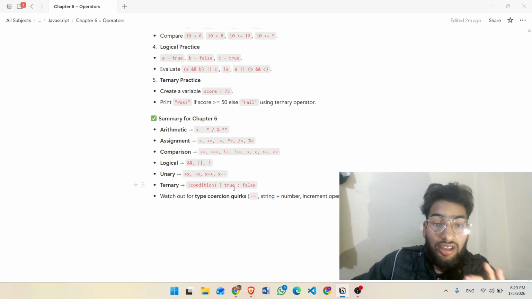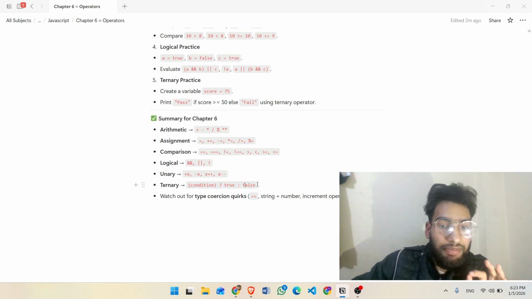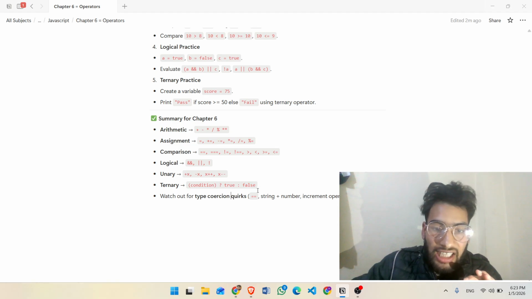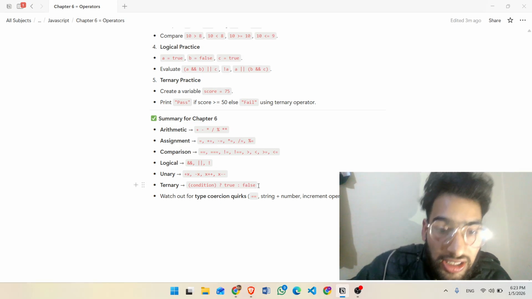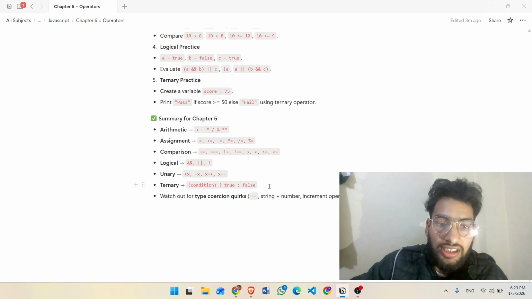And ternary means there are three values, three parts. This is the condition, which checks true or false, and then if true it gives yes, or if false it gives no. It follows a condition.